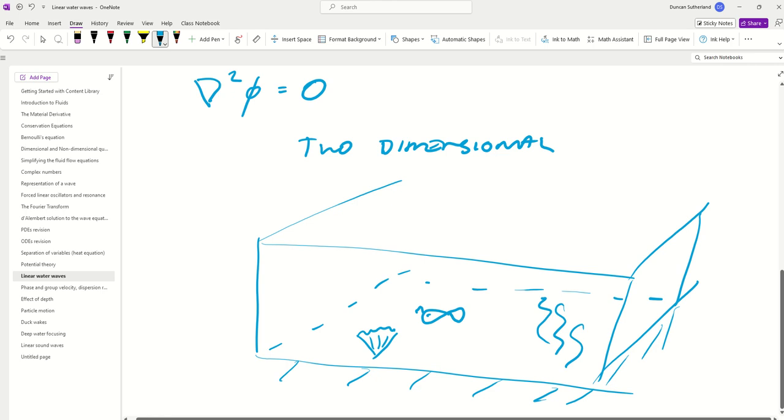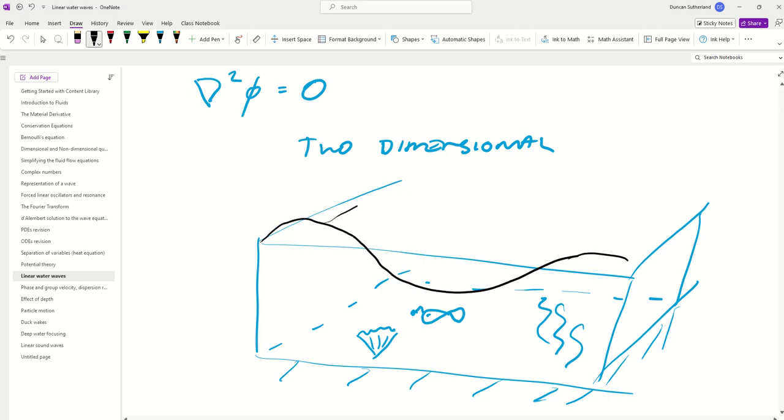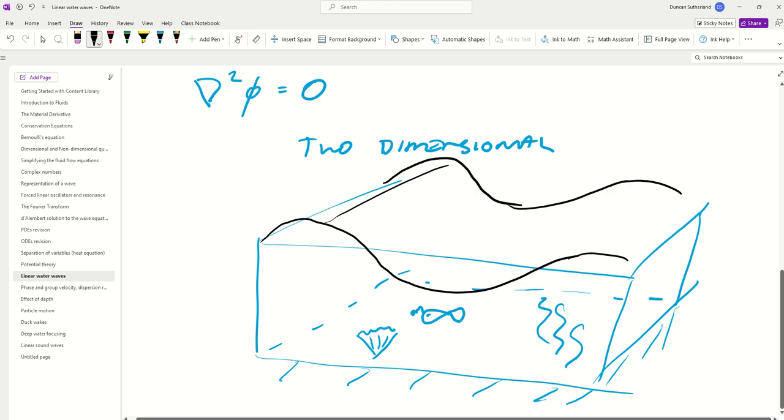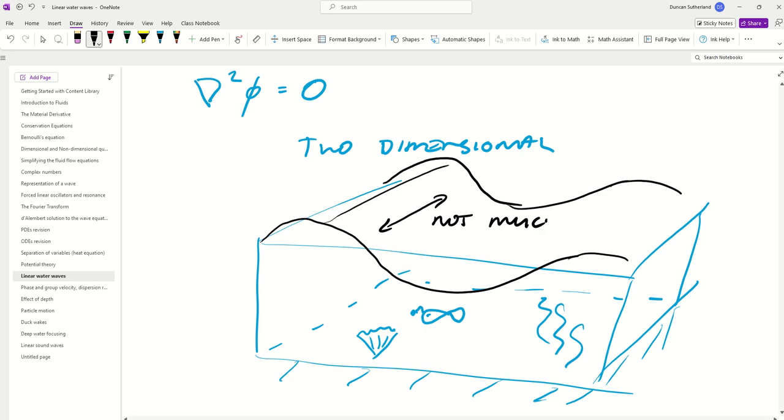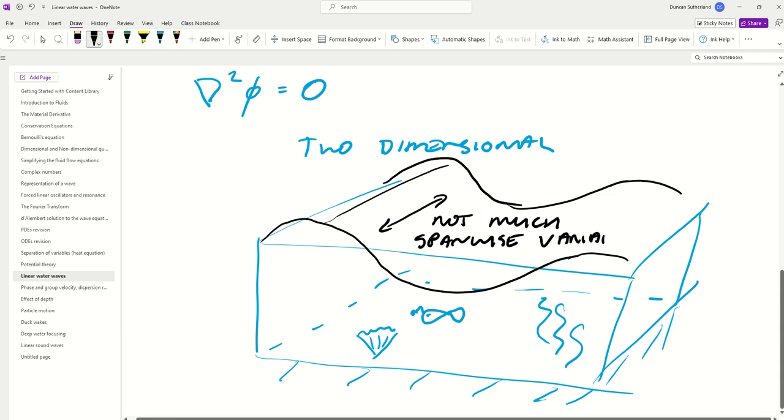Oh, they're weird fishies at the bottom of the ocean, aren't they? That's your wave. You're assuming that wave is pretty wide, right? There's not a lot of change across, so you can say that there's not much span-wise variation. And your 2D approximation is reasonable, right?